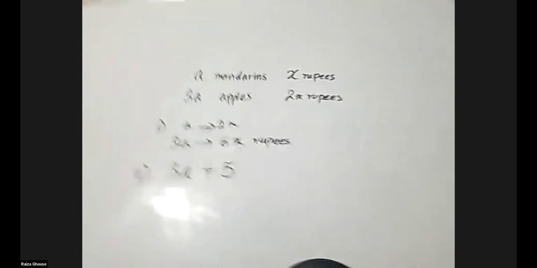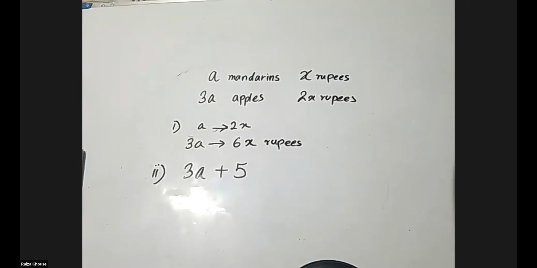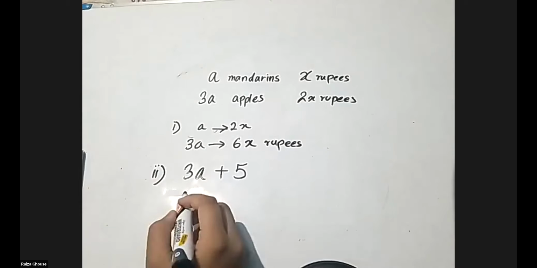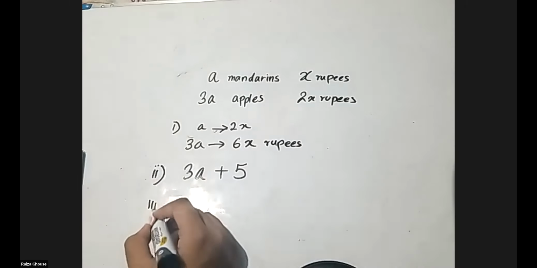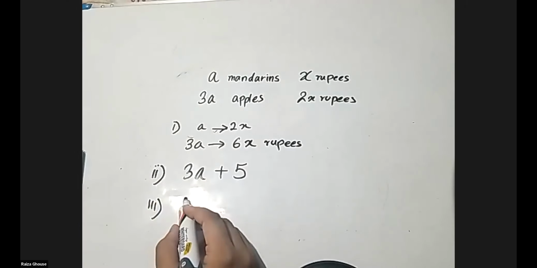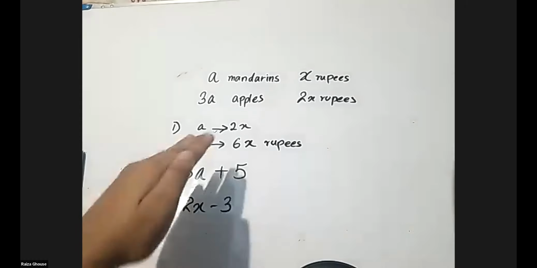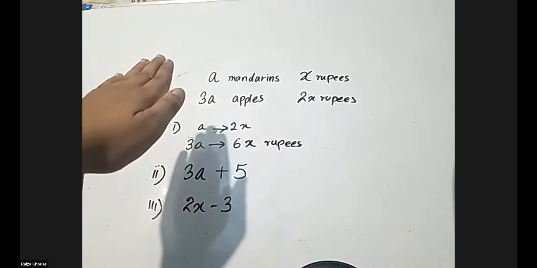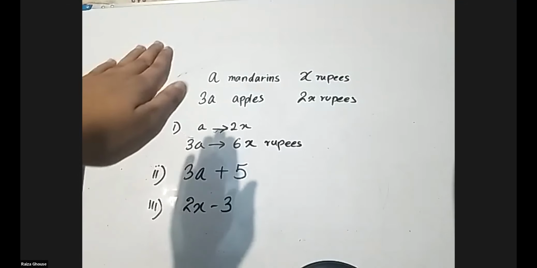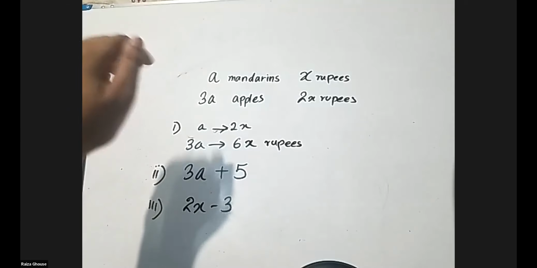So if he does this, he will reduce the price by 3 rupees. So what will be the price of 1 apple now? 2x minus 3. Very good. Exactly. This is what you have to understand. The price of the apple is 2x now. The shopkeeper said, if you buy extra 5, I'll reduce 3 rupees. So the price of an apple is 2x minus 3.